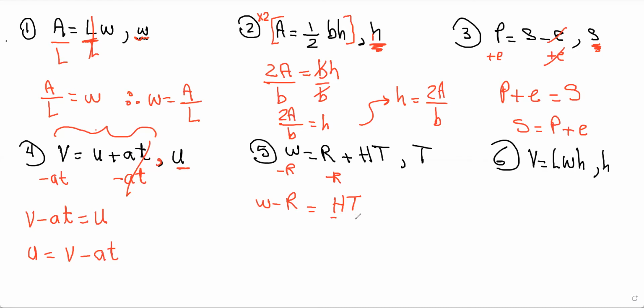So that's why I have to divide this side by H and all this side by H. So the H here will cancel with the H here. So I'll end up with T equals W minus R over H.